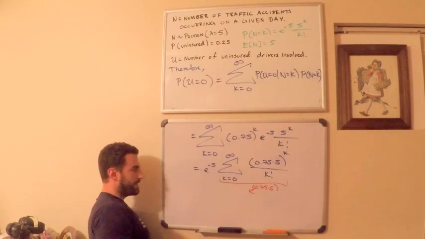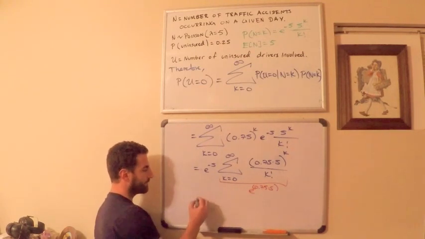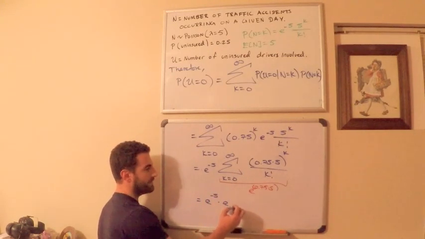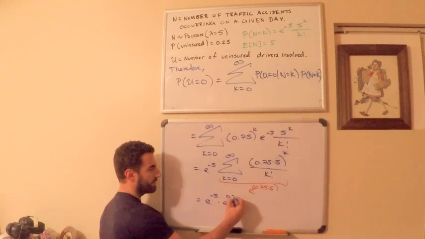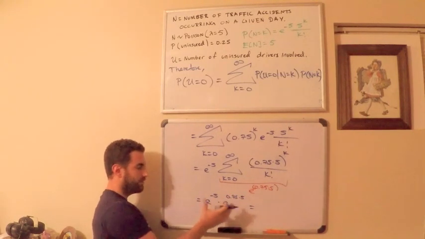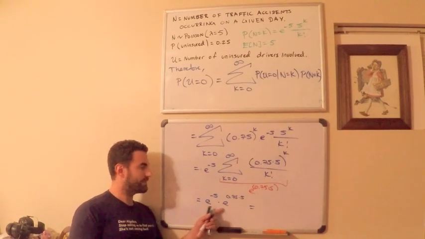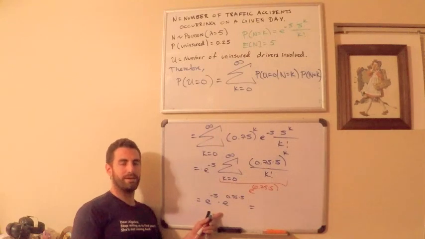All right, so this gives me the following: e to the negative 5 times e to the 0.75 times 5. We're multiplying two exponential expressions with the same base e, so we add the exponents.